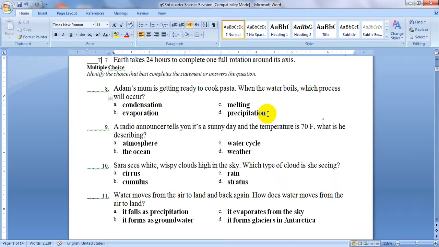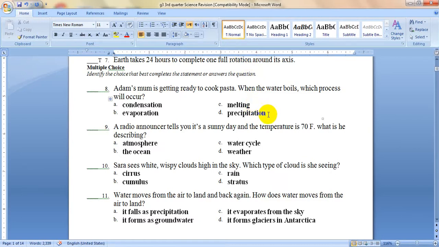Let's remember the definition of each of these items. Condensation means the change of gas to a liquid. Evaporation means the change of a liquid to be a gas. Melting means the change of a solid to be liquid.